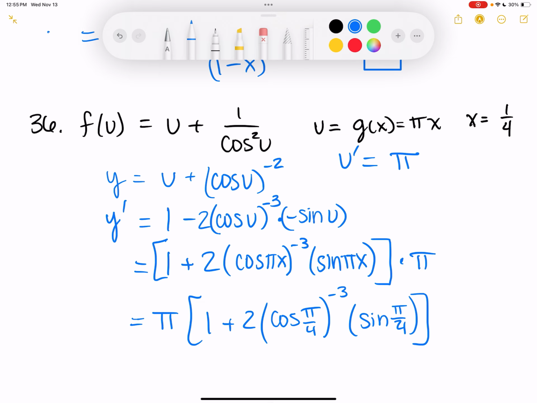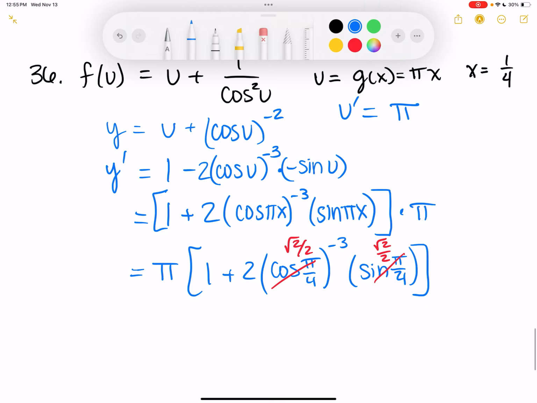What's cosine of pi over 4? Square root of 2 over 2. Yep, so I'm just going to rewrite this. What's sine of pi over 4? Square root of 2 over 2. So now I need to move this to the bottom because this is a negative root.